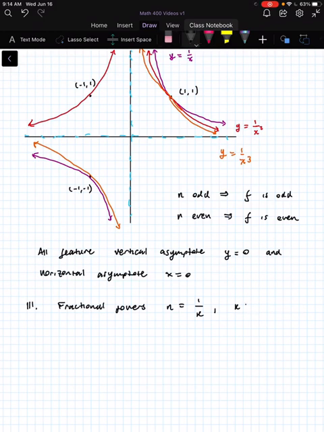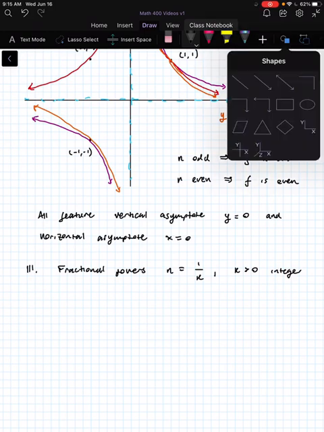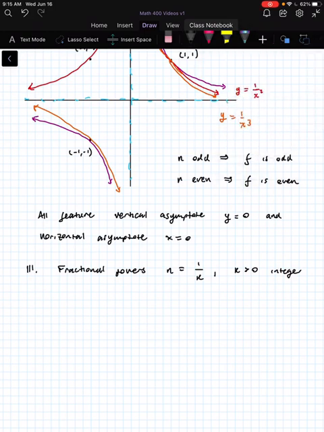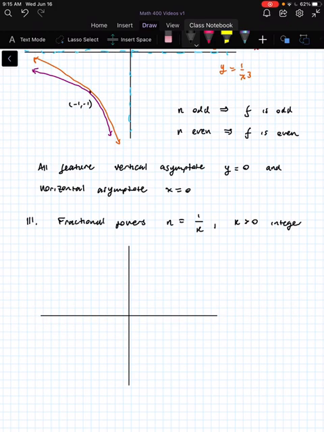Well, we'll stick to positive integer. All right, so even here we have subcases, but we'll draw them on the same axis. So when we talk about fractional powers, remember that this actually really means we have root functions. So roots.